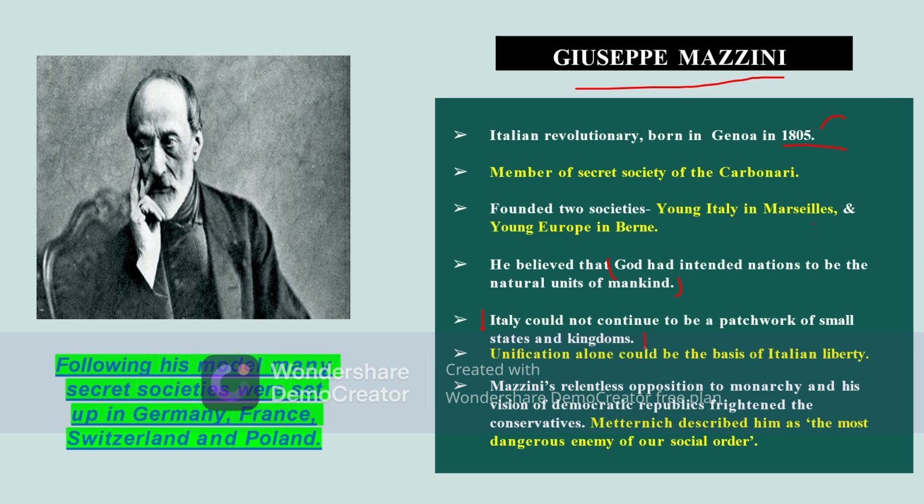So all his activities were against the autocratic monarchical regime, and his activities were not liked by those conservatives. Metternich, Duke Metternich, who hosted the Vienna Congress, described him as the most dangerous enemy of our social order. This is again an important statement, could be asked in an MCQ. Following his model, many secret societies were set up in Germany, France, Switzerland, and Poland.